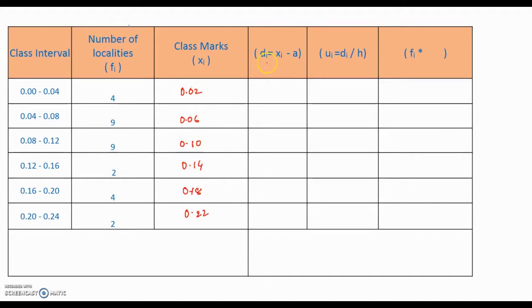Now you have to find out the deviation. You can multiply fi and xi. The numbers are still okay, but to make it even simpler to handle, because decimals are involved, let us do the step deviation method here also. Let us first find out the deviation.